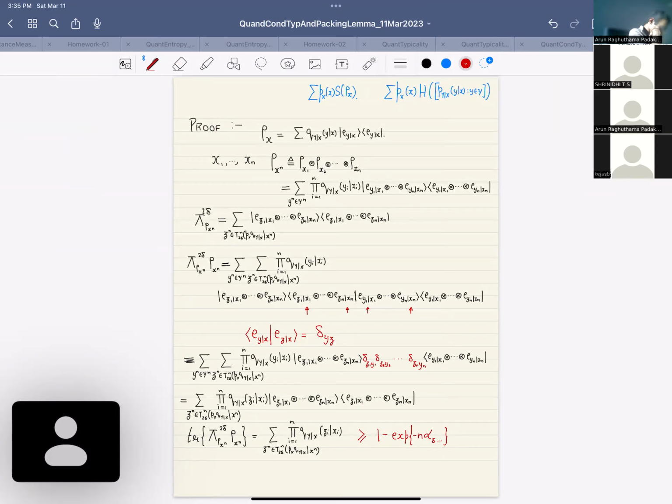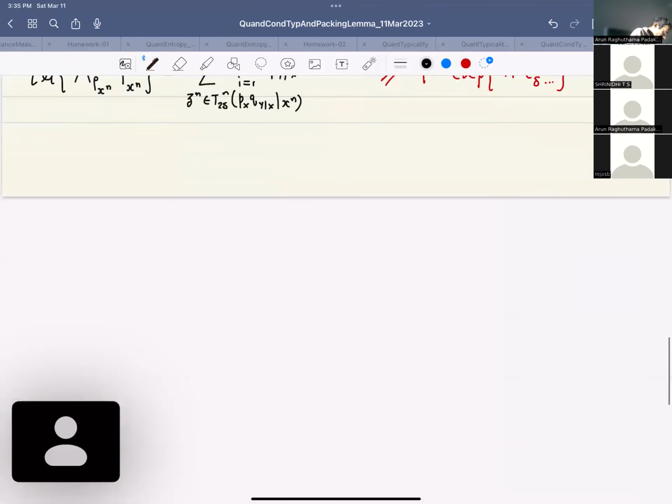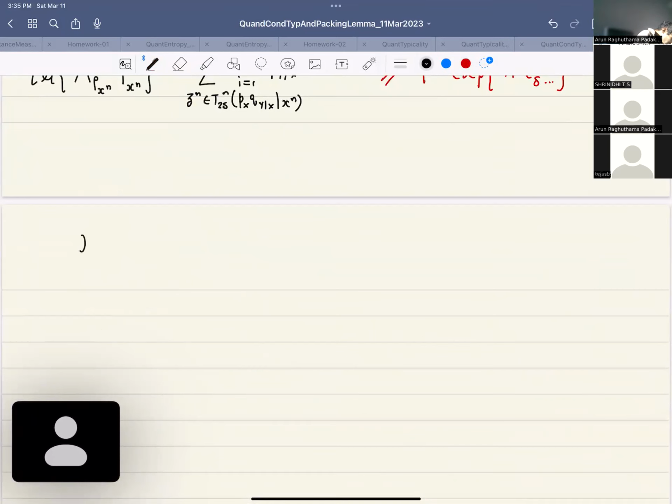Sir, what is the significance of using 2 delta here? See, that will be answered if you solve this. Srinidhi, we'll do it tomorrow. So remember, I told you, if xn belongs to T 2 delta n P_x, then you can only show this.